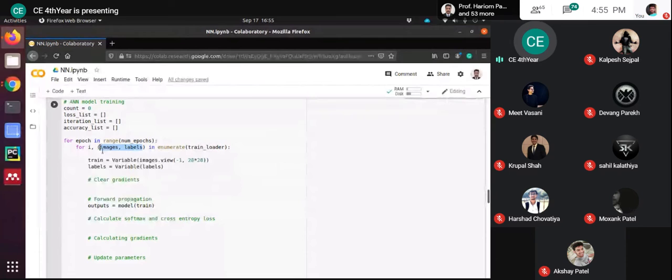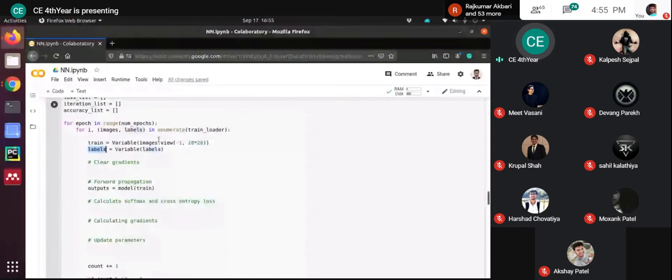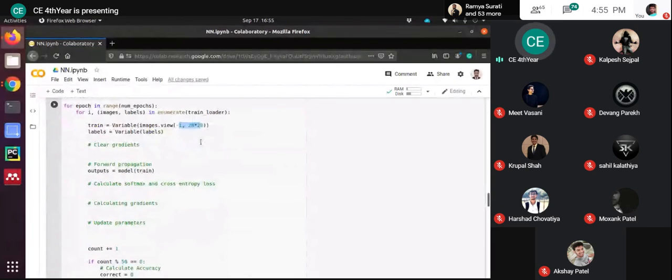So we'll keep image and label in variables, and the names would be train and labels. And I hope you can recall the meaning of this -1, 28 cross 28. Once again, the meaning is same. So for resizing, that would be -1 comma 28 cross 28.